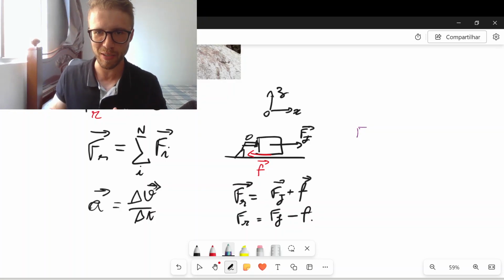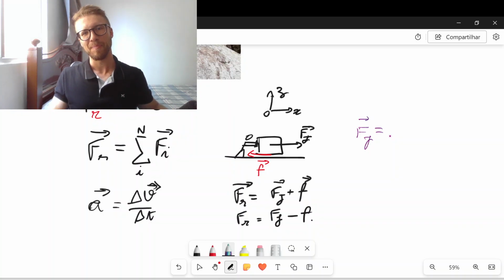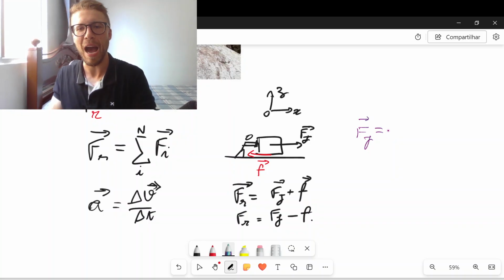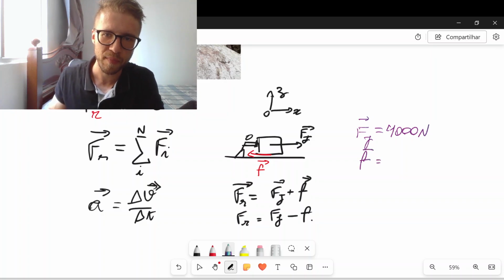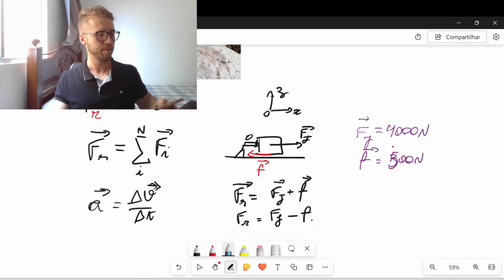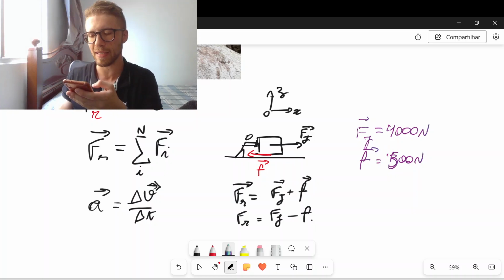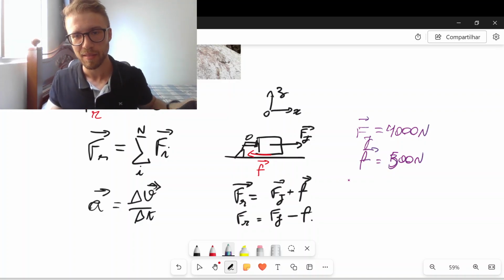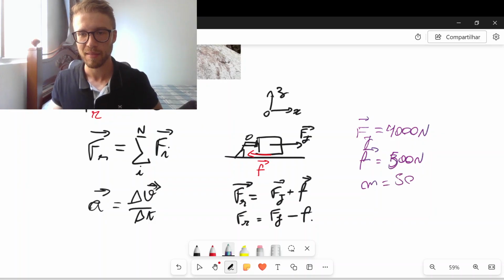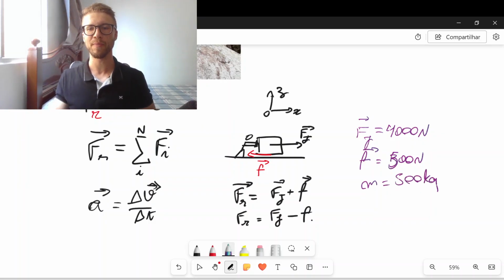So he is exerting a push with the magnitude of 4,000 newtons, okay, 4,000. The frictional force is 500 newtons. Given that the box has 500 kilos, oh man, half a ton box, I want to know the acceleration.